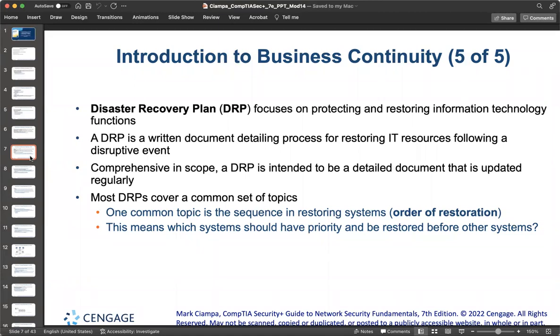And a DRP has an order of restoration to make sure that you are coming back on in a safe and secure way. So first, the critical protective systems are going to be restored, and then the core business systems are going to be restored so that they are protected as they get connected to the internet. This means which systems should have the priority and be restored before the other systems in case of a failure.